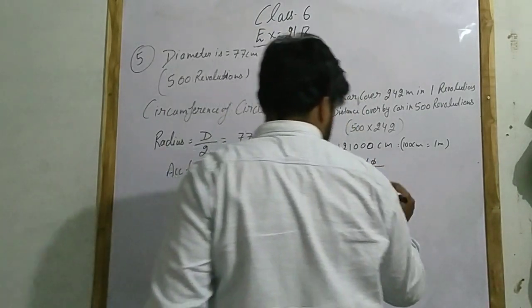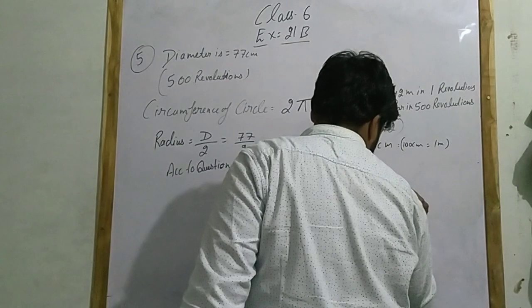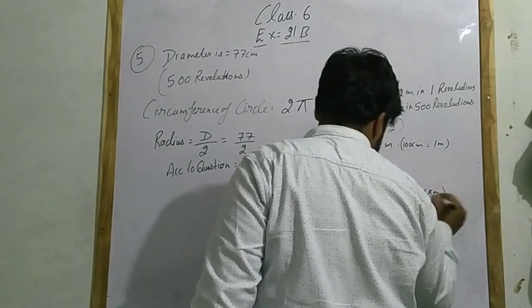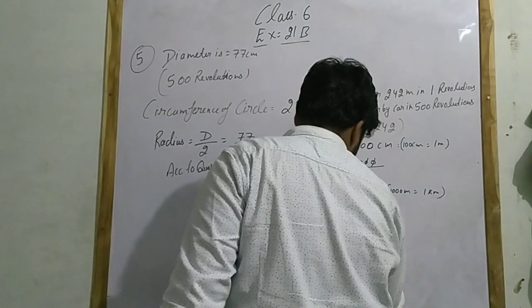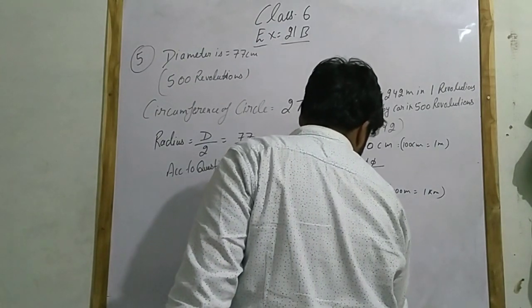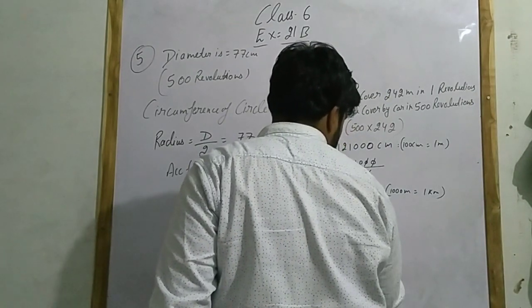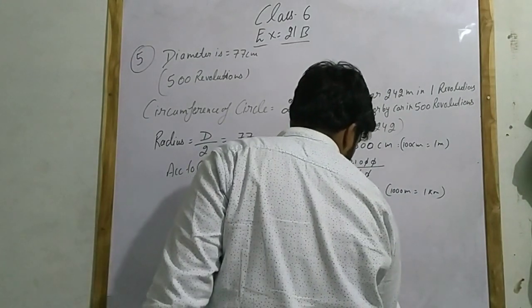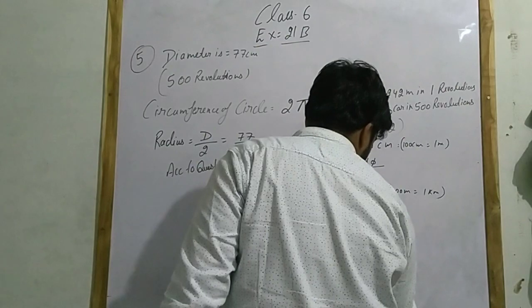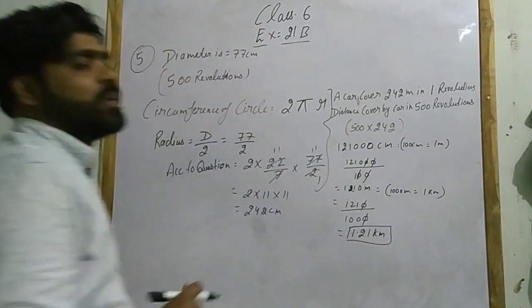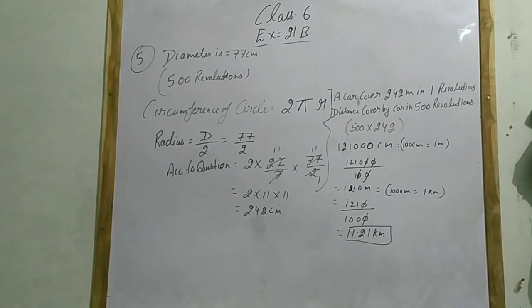Then 1000 meter equals 1 kilometer. So 1210 upon 1000, zeros cancel, which means 1.21 kilometer. The car will cover 1.21 kilometer in 500 revolutions.